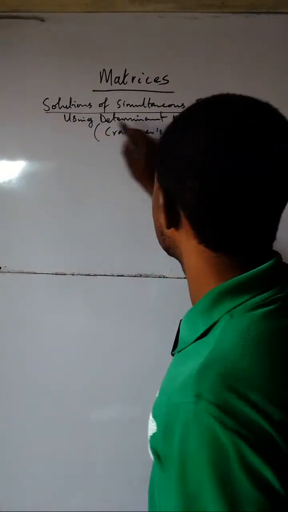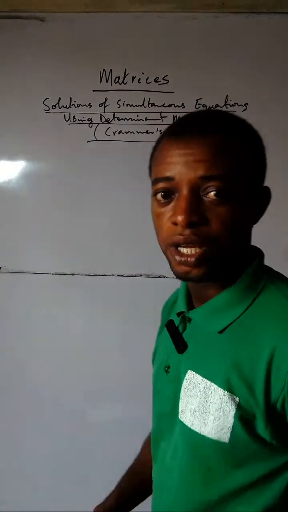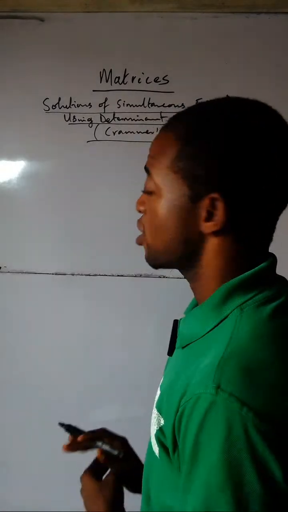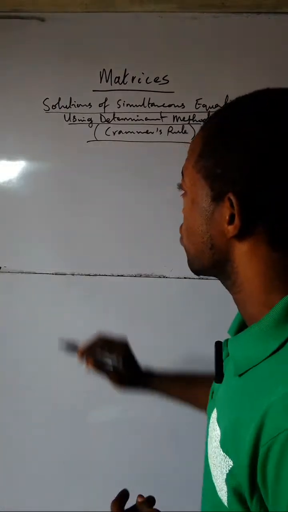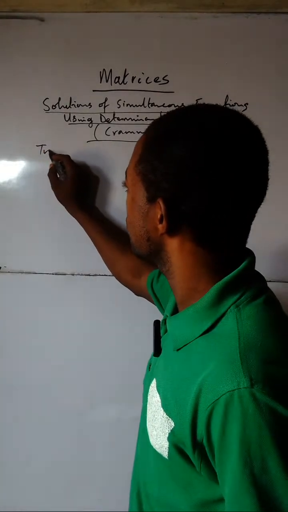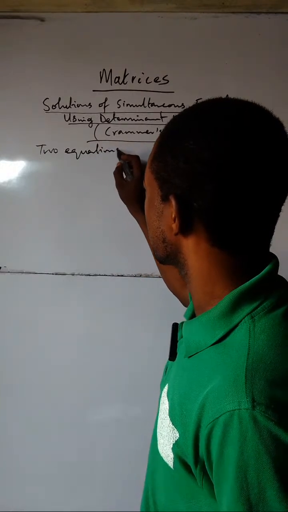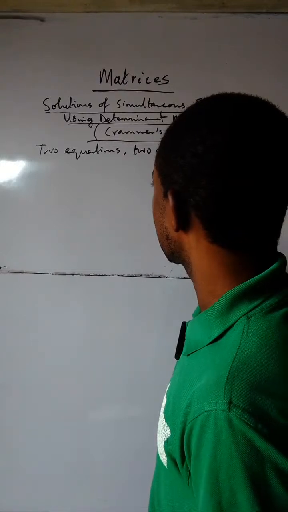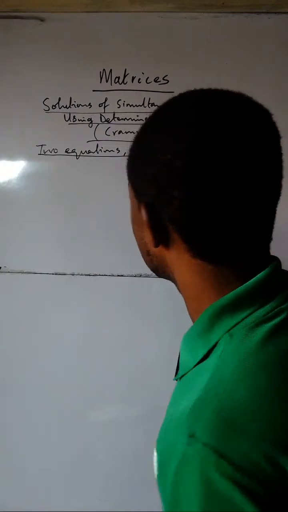Now, let's look at the general way of solving this. Given the equation, we look at two equations in two unknowns first. Then here it will be in this format.